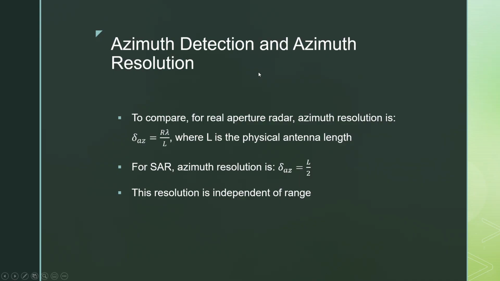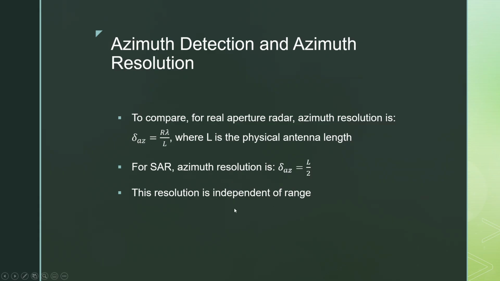So, azimuth detection and azimuth resolution. To compare back to a real physical radar, azimuth resolution for a real aperture radar is sigma sub az is equal to r lambda over L, where L is the physical length of the antenna. For SAR, azimuth resolution is sigma sub az is equal to L over 2.